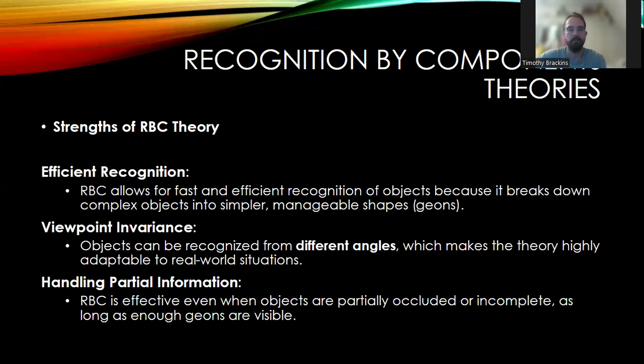Recognition by components theory improves on that by suggesting that as long as enough geons are visible, we can still make sense of it. What constitutes enough geons? Well, Biederman removed 65%, so he left 35%. That's up for debate, but as long as enough are visible.